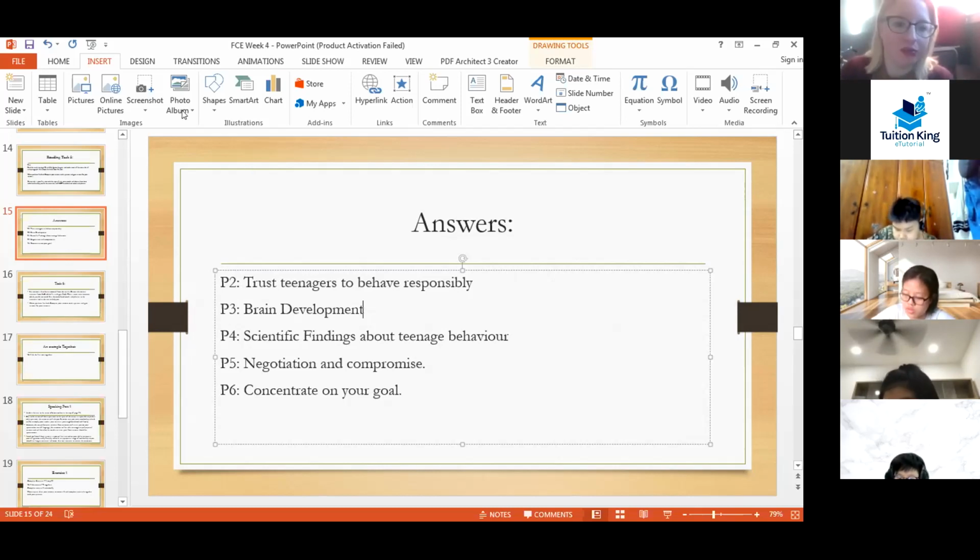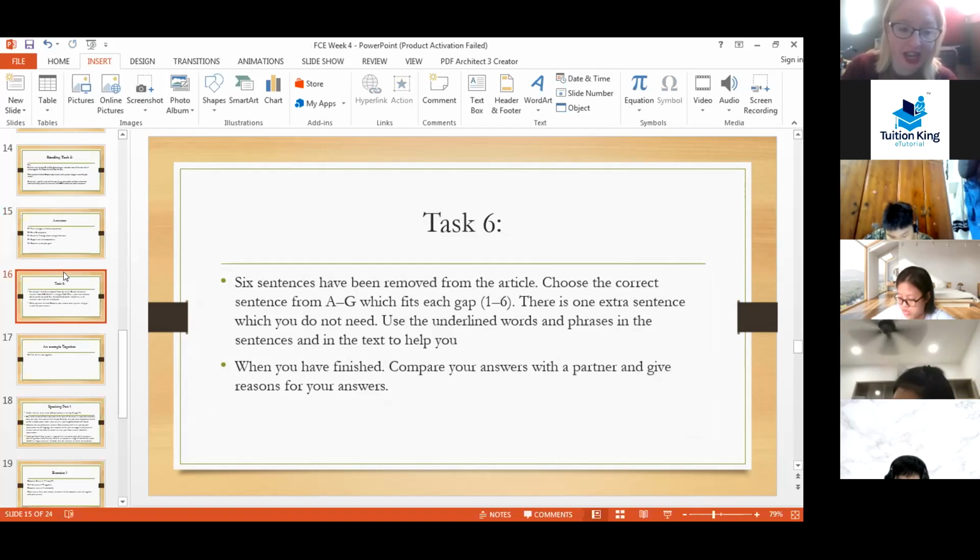Okay, so the reason why I gave you those answers instead of asking you to provide them is because I want to move on to the main exercise, which is task 6. So this is actually doing the exercise. It's the main reading task itself, and this is what you would have to do in the exam.